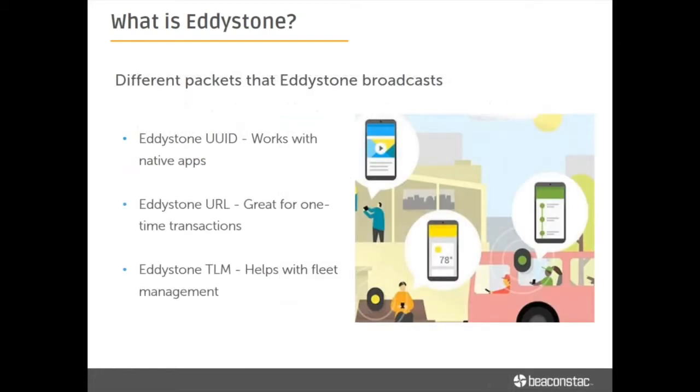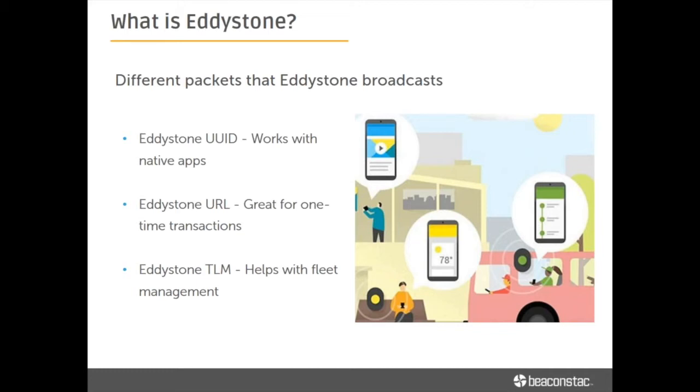Let's talk about the different packets that Eddystone broadcasts and how it is different from the iBeacon protocol. The Eddystone UUID, which is similar to the iBeacon UUID, works with native apps essentially.